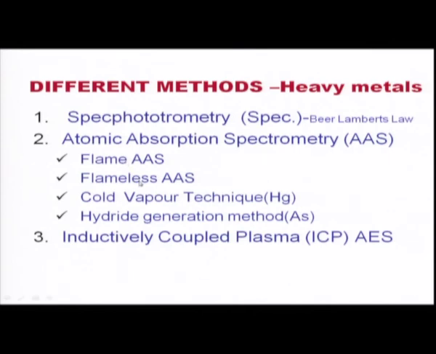Also we have specialized techniques like cold vapor technique for mercury and hydride generation technique for arsenic, etc. So, depending on the metal to be determined and the laboratory facility, we can go for a low cost spectrophotometric method or advanced AAS or atomic emission for their determination.